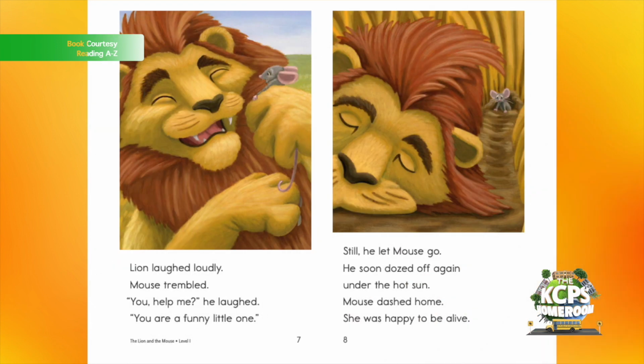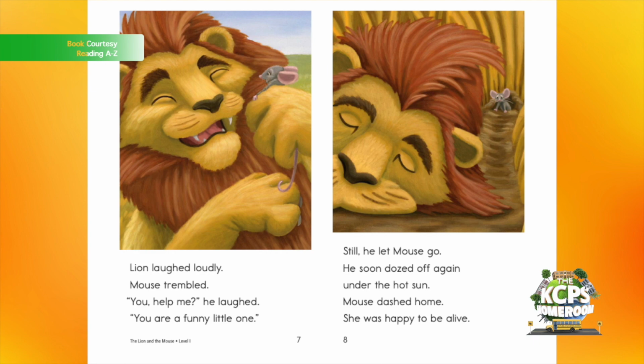Lion laughed loudly. Mouse trembled. You help me? He laughed. You are a funny little one. Still, he let Mouse go. He soon dozed off again under the hot sun. Mouse dashed home.